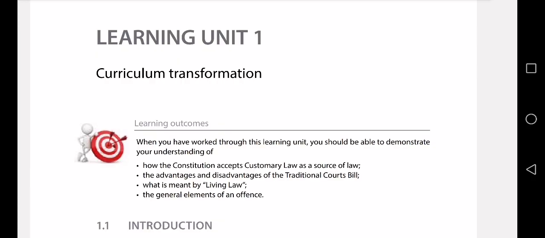Curriculum transformation. Learning outcomes.